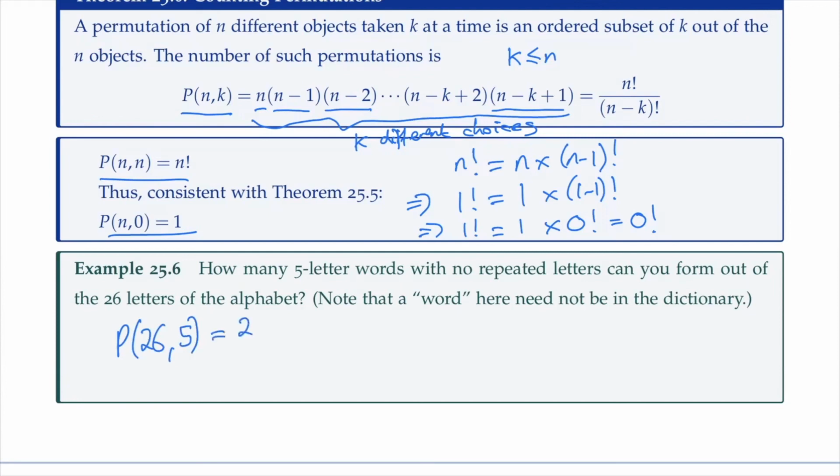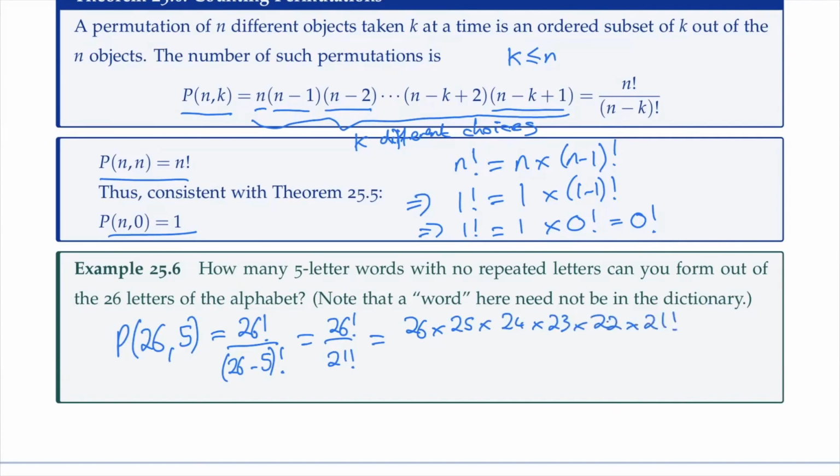So this is going to be 26 factorial over 26 minus 5 factorial, which is 26 factorial over 21 factorial, which is 26 times 25 times 24 times 23 times 22 times 21 factorial.